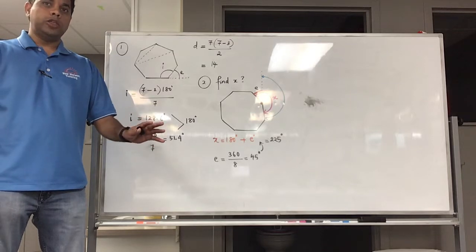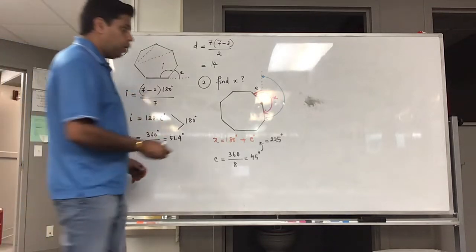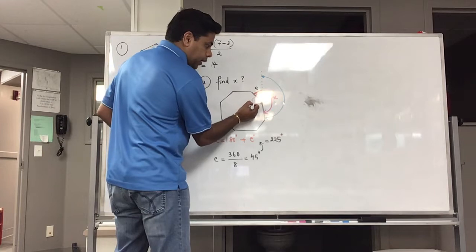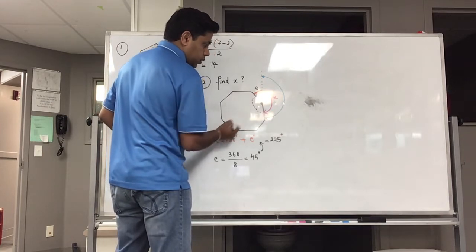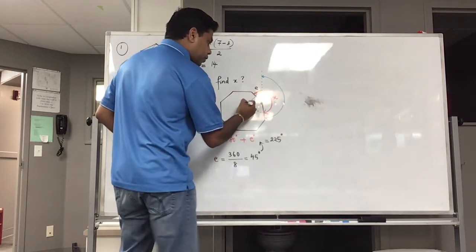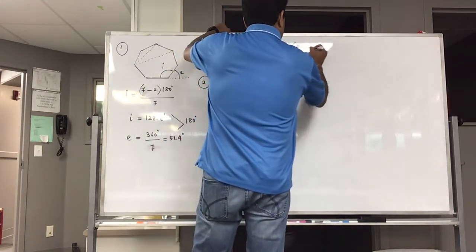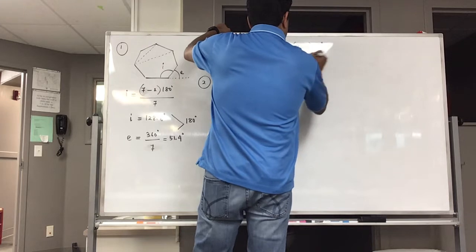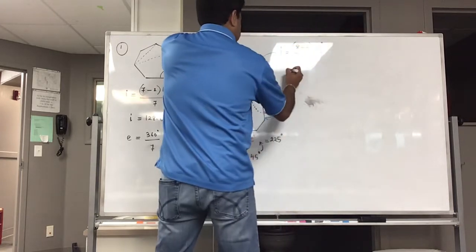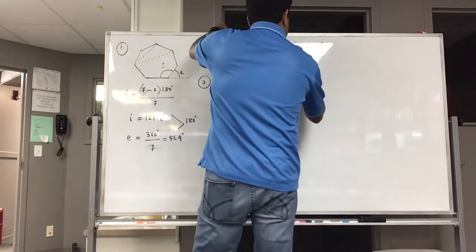There is another way to do this problem, by the way, okay? What I'm gonna do is, I'm gonna find this angle. What is this angle called? Interior angle. So I is equal to (8 minus 2) times 180 divided by 8. Somebody tell me what it is. 135 degrees.